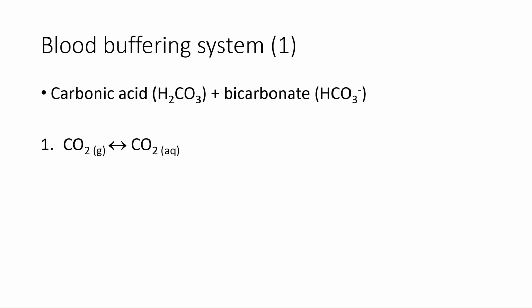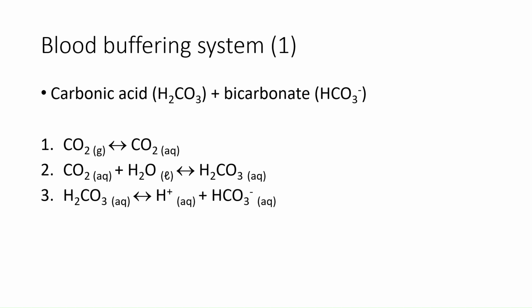So the way that we end up with this buffering system in our blood is we start with the carbon dioxide that we get from the air that we breathe. The carbon dioxide gas gets dissolved in water to become aqueous CO2. That CO2, when you add more water, can be converted to carbonic acid.